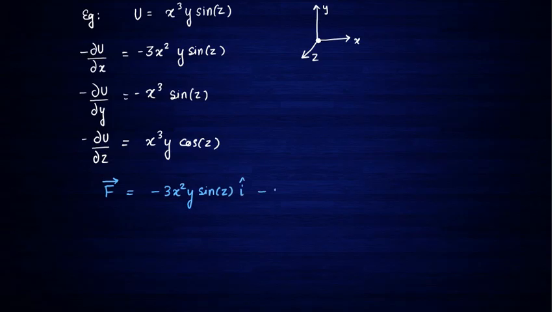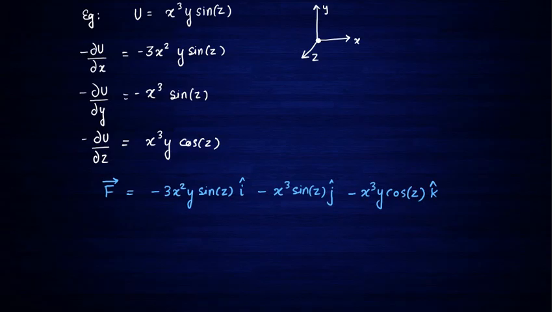So that is minus x³ sin z j cap, and minus ∂u/∂z k cap. So that is minus x³y cos z k cap.